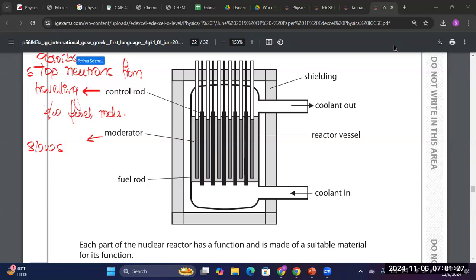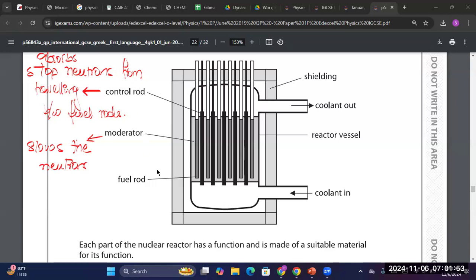The moderator on the other hand slows them down, so that the control rod can absorb them, because the neutrons are extremely fast moving. To absorb them, we first need to slow them down. So the moderator will slow them down.